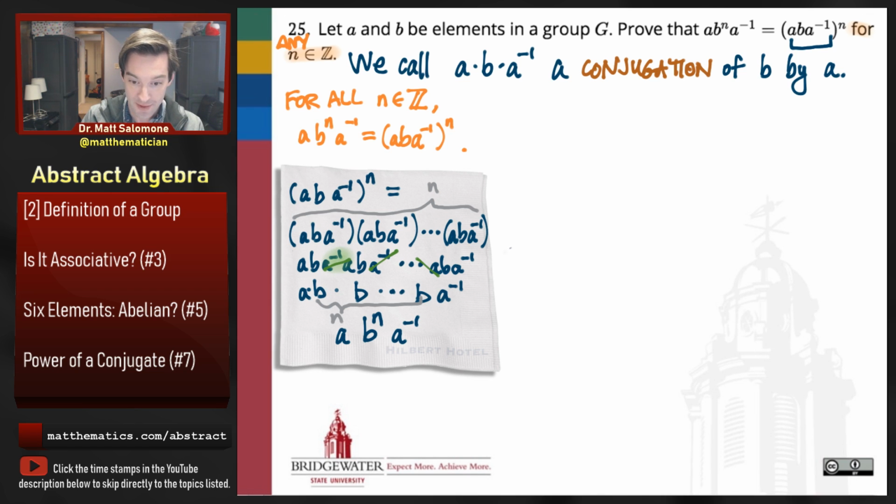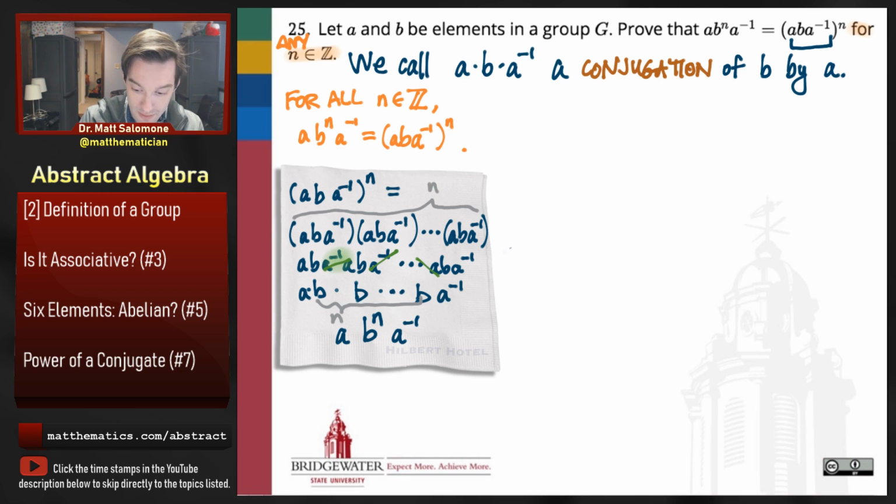Let's go to a new page, and I'm going to start writing out my proposition. So the proposition is that if G is a group and A and B are elements of G, or maybe I'll say it this way, let G be a group and A and B be elements of G.